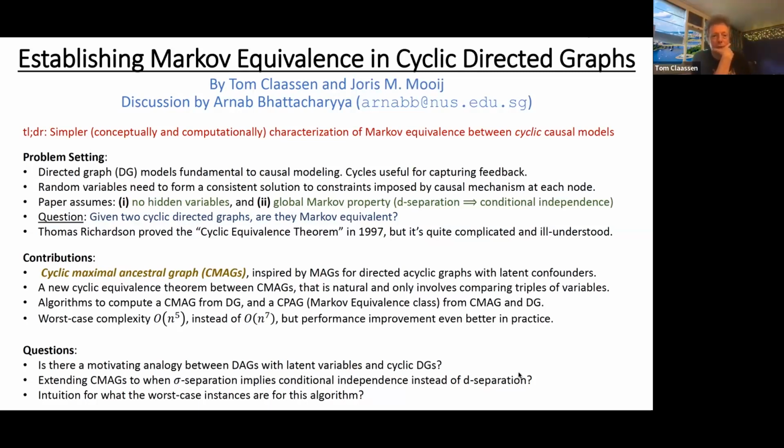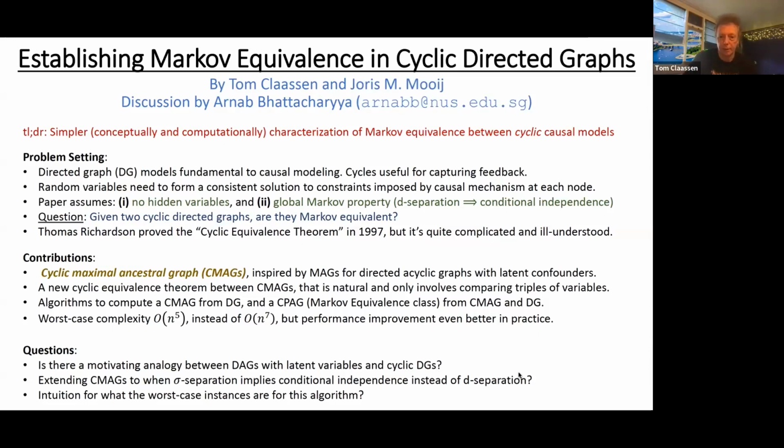Thank you for your kind words. It's a good question. I think this analogy was one of the motivating ideas for us to look at this issue and try to frame it in this way. I think there's a strong analogy between DAGs with confounders and cyclic directed graphs, in the sense that both are part of a very general class.